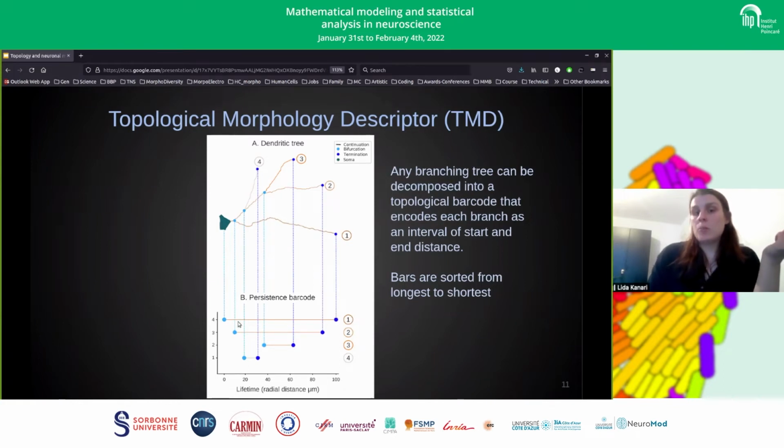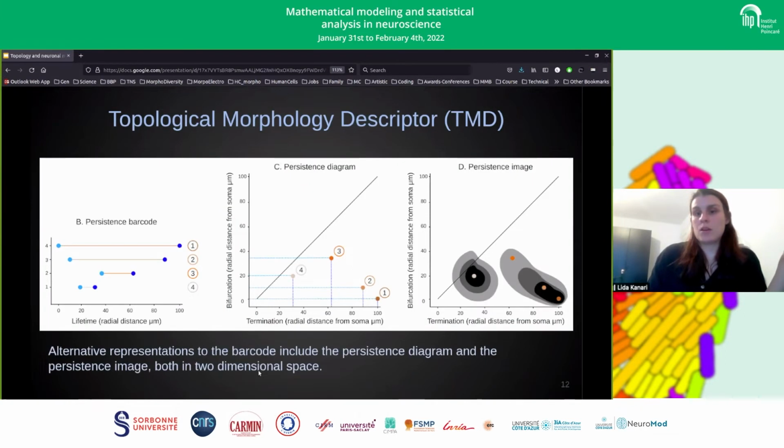And this decomposes the neuron into these bars within the barcode, which represent the whole tree. An equivalent way to look at that is if we take the start and the end point of each one of these components within the tree, and we represent it in 2D. Here the start point is on one axis and the termination point is on the other axis.